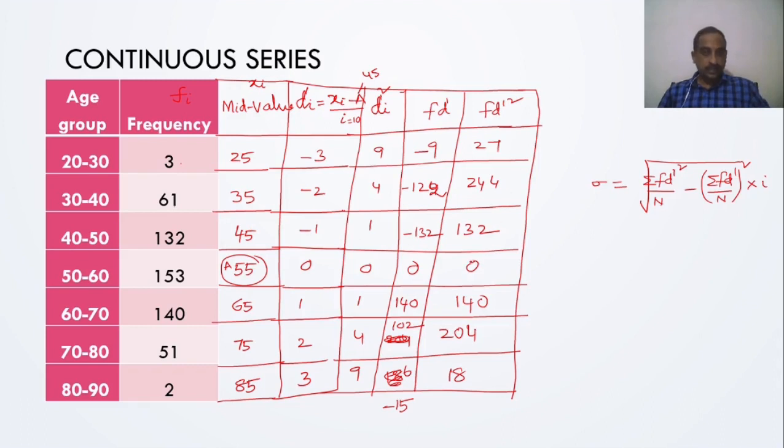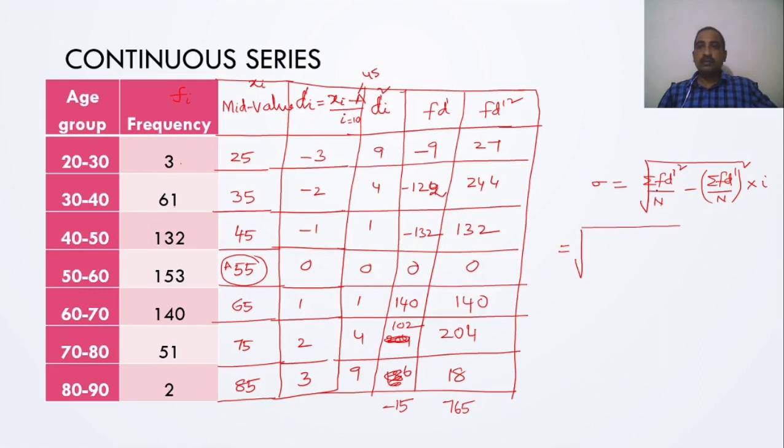So fd dash square total is 27 plus 244 plus 132 plus 140 plus 204 plus 18, that is 765. Just substitute in the formula.